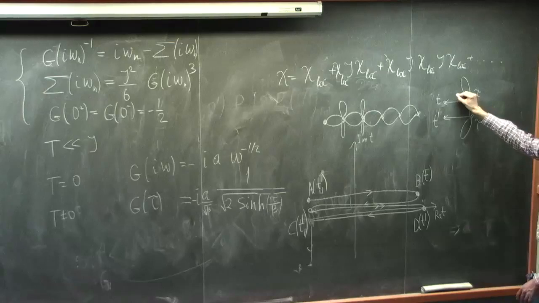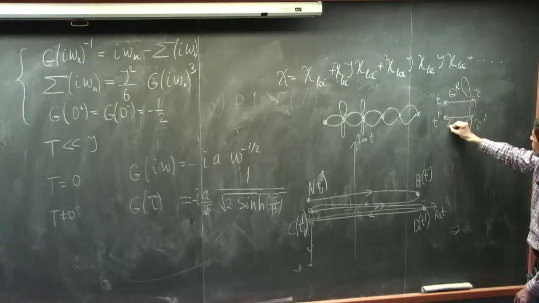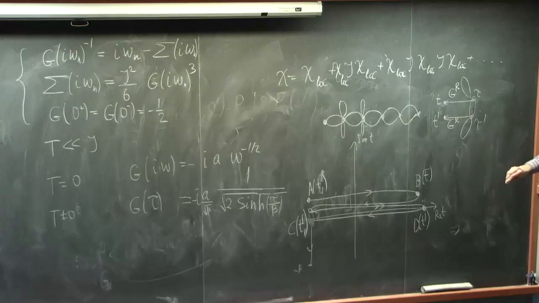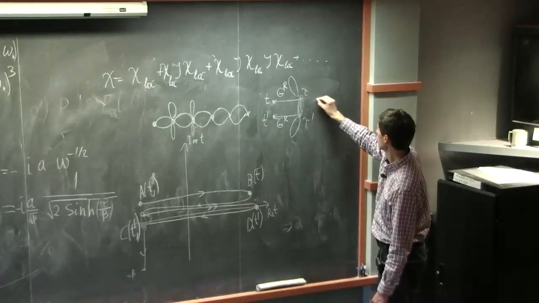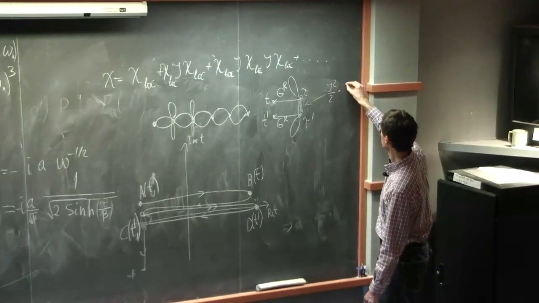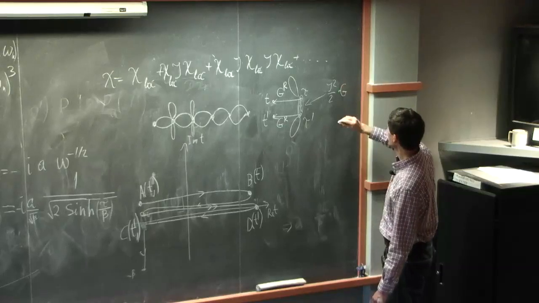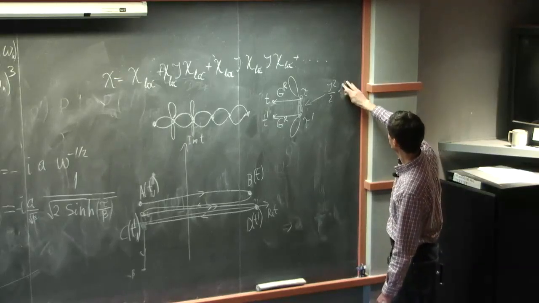So this is the retarded Green function. This is the retarded Green function, and that thing is not a Green function.